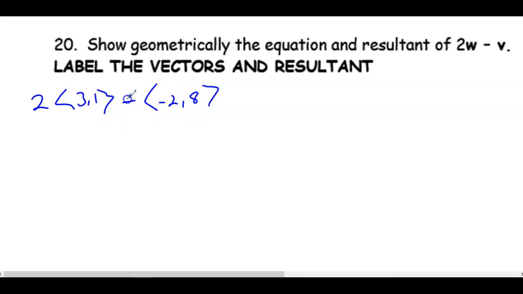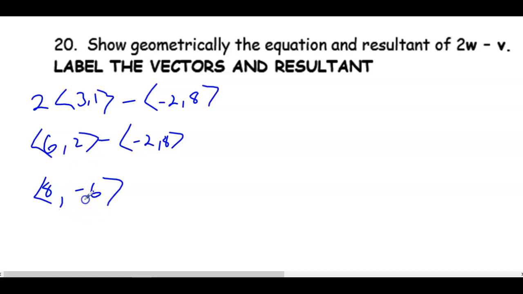Don't distribute this negative. That's the operation sign. We'll distribute this 2, so 6, 2. So what we have here is 6 minus a negative 2, which means 6 plus 2. So that's going to be 8. And then right here, 2 minus 8 is going to be negative 6. So this thing's got to go right 8, down 6.